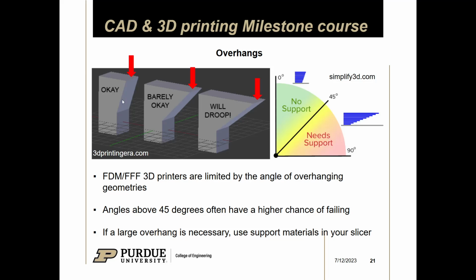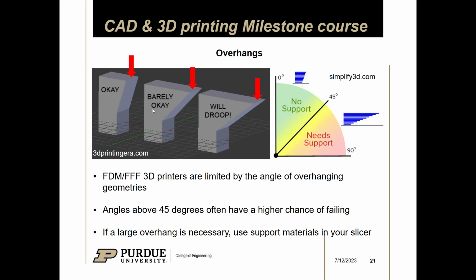If you look at this model here on the left, you can see that the angle on the wall is not very aggressive, right? It only slopes out a little bit. That might be 30 degrees or something. So it gives the printer enough area to stack a layer on top of it, right?